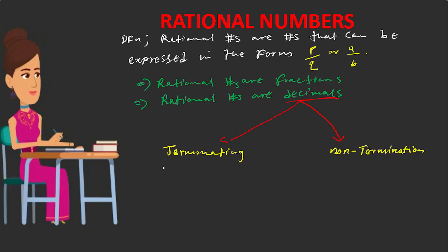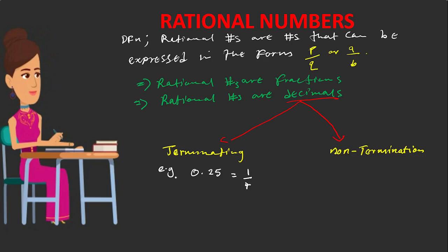For an example, I'll write it there. An example of a terminating decimal is, let's say, 0.25. 0.25 is a terminating decimal. This can easily be written as 1 over 4.